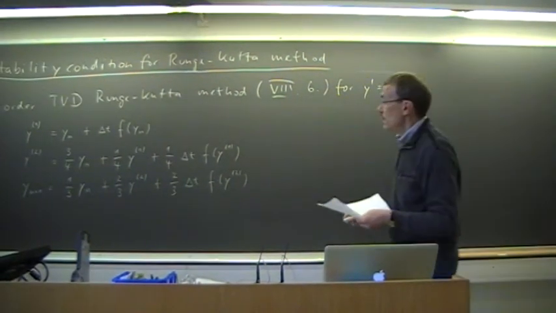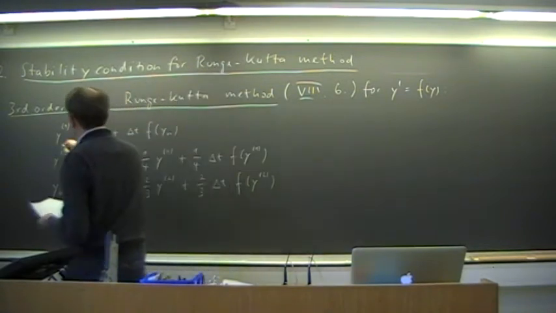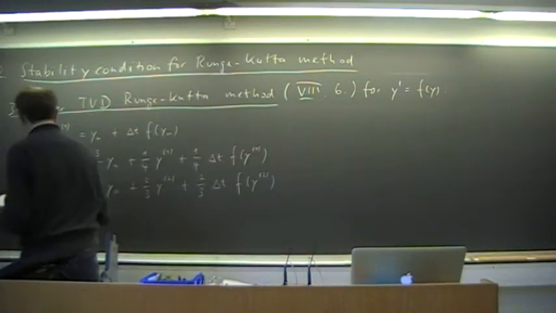So that is the third order TVD Runge-Kutta method. So that we know as number 1.